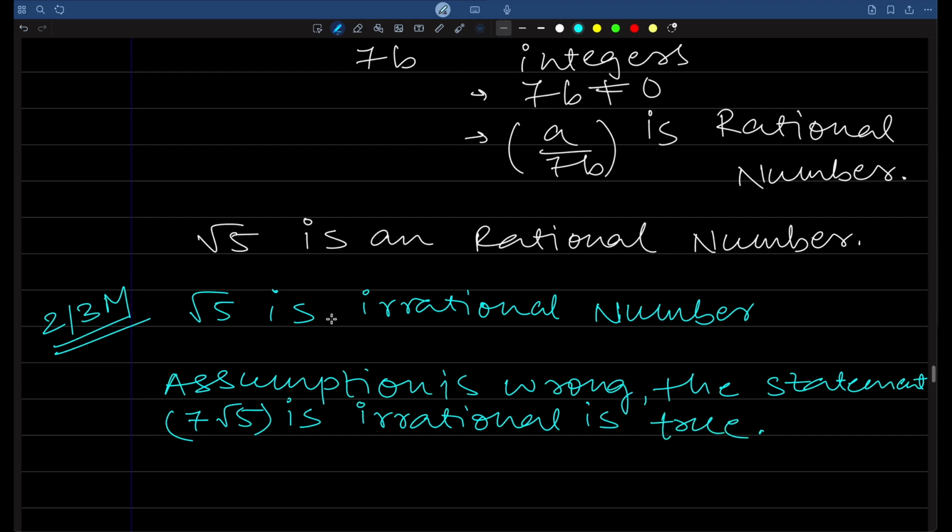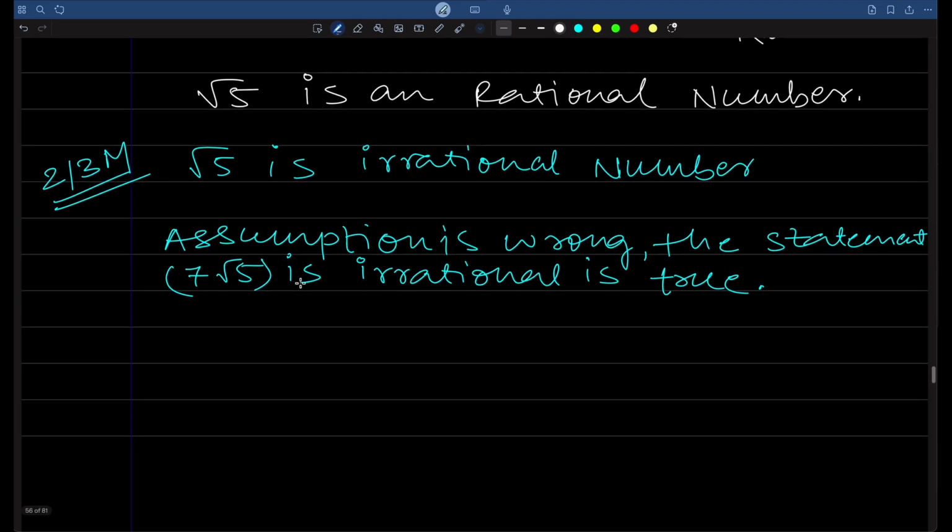If the question is of 5 marks, you have to prove that under root 5 is not a rational number. So for 5 marks, we assume under root 5 is a rational number.